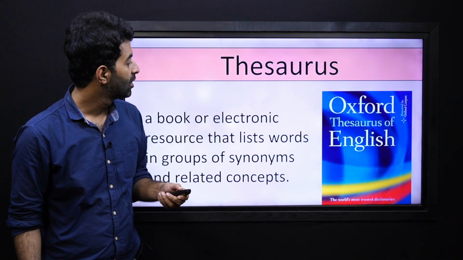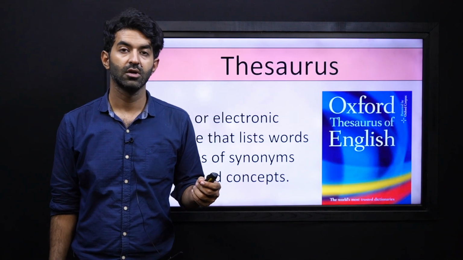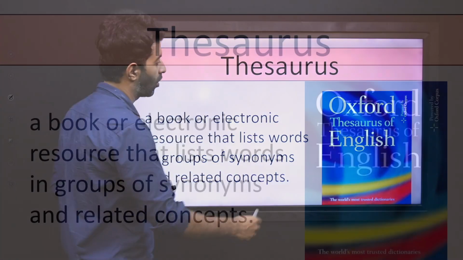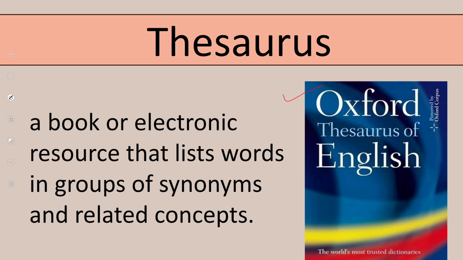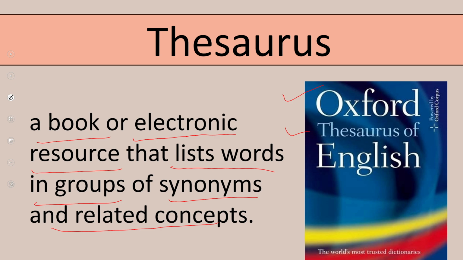All right. Now here is a thesaurus, the Oxford Thesaurus of English. Now what is it? It's a book, or it can also be an electronic resource that lists words in groups of synonyms and related concepts or antonyms. Now, it looks like a dictionary, right?